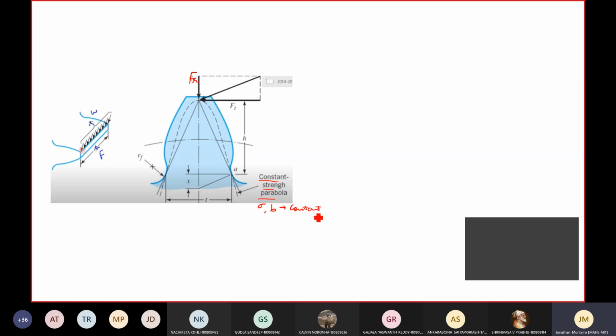That is why, because of that profile, we call it the constant strength parabola. Now concentrate on this one simple gear tooth. The weakest part here is the root, and this is the remaining part of the disc downside. This is one whole gear tooth. This dashed line represents the constant strength parabola.